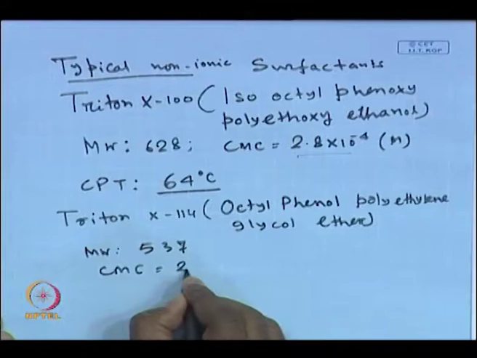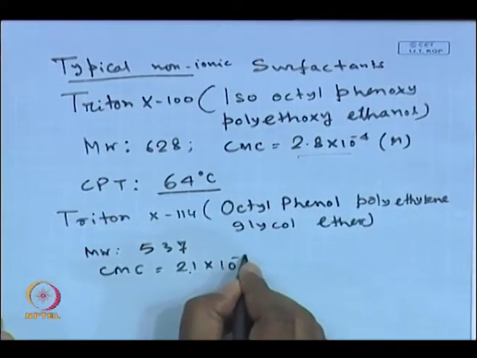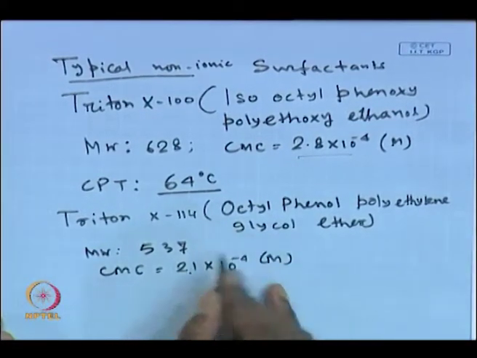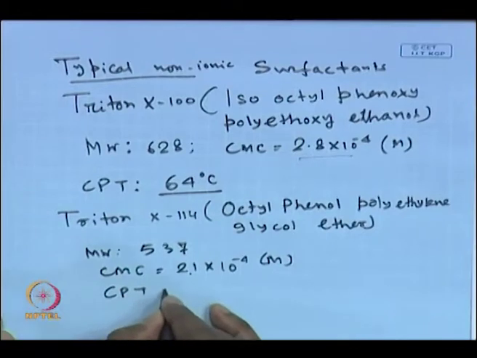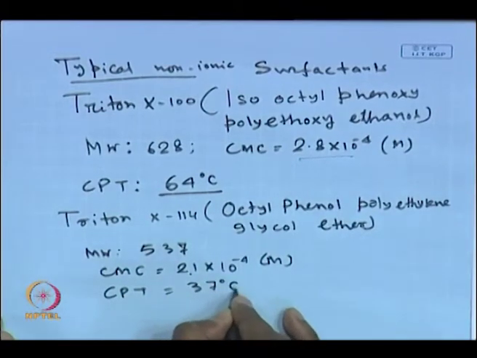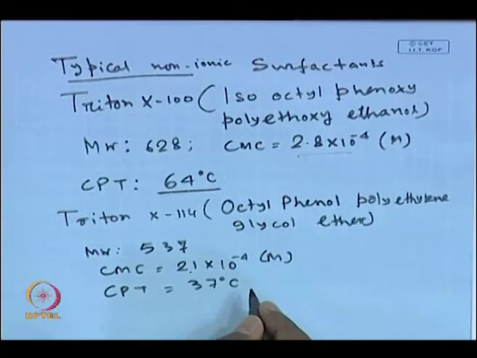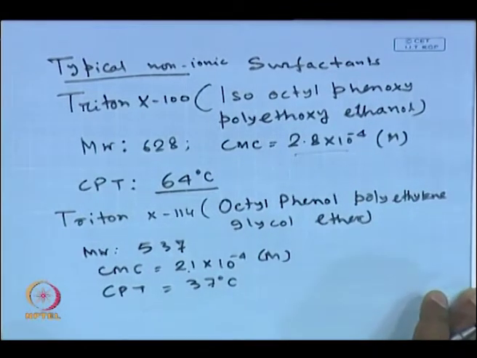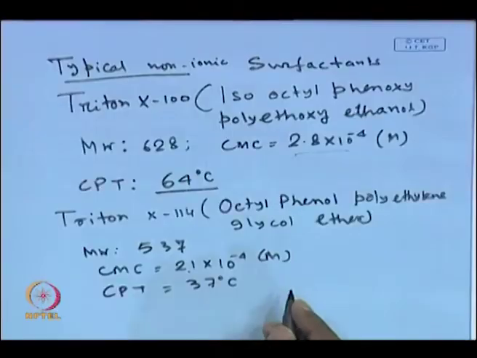It is 2.1 into 10 to the power minus 4 molar, and it has a cloud point temperature of 37 degree centigrade. So, the drastic difference between the two surfactants is that Triton X100 has a cloud point temperature quite high, 64 degree centigrade. On the other hand, Triton X114 has a cloud point temperature almost half of it, very close to 40 degree centigrade, it is 37 degree centigrade.